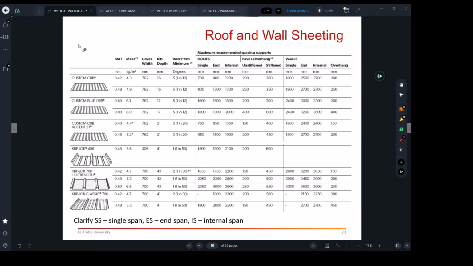Here we go. You see here, you have different types of sheets. The type really determines how strong they are, and as you go stronger, they're going to be more expensive. Even those sheets come in different thicknesses, so it's less steel to use. BMT means the base material thickness.